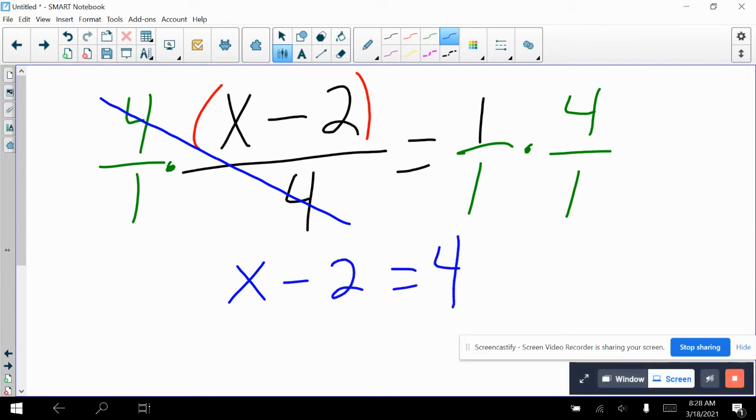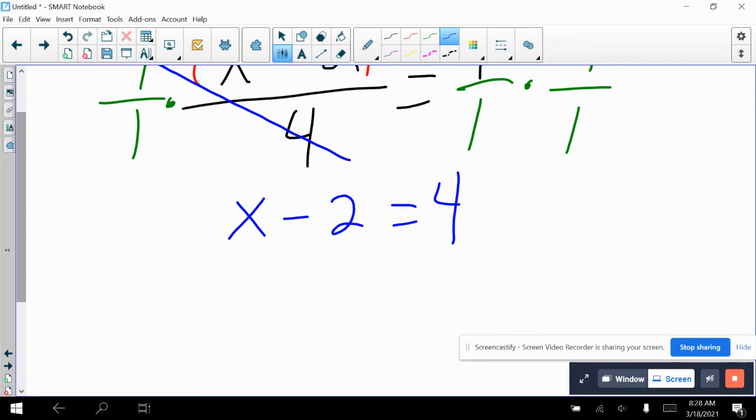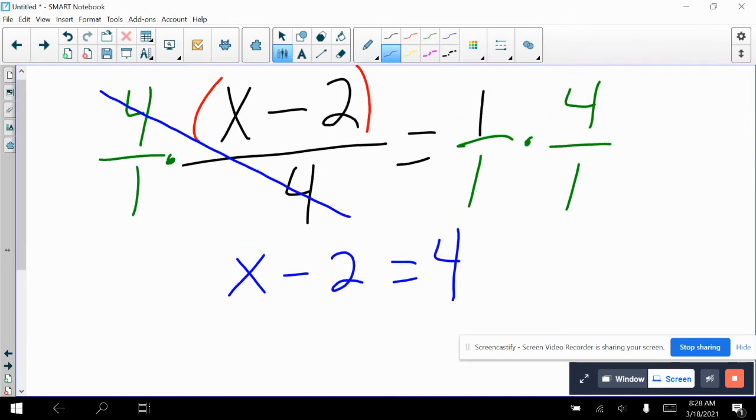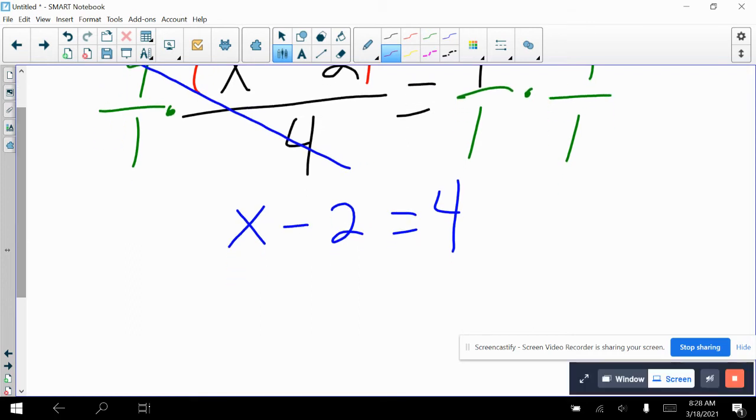Now, look how easy that equation is, as long as you know what to do. Look what comes out of that. X minus 2 equals 4. Now you're going backwards in the sense it's a one-step equation now. It should be super simple, right?